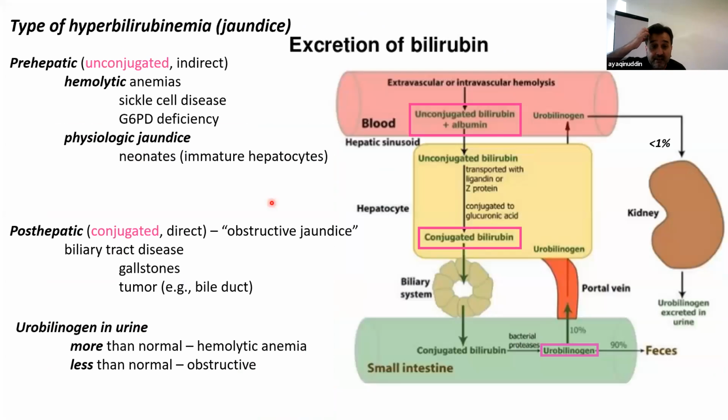So we might divide this into prehepatic, which is mainly because of excessive destruction due to hemolytic anemias, or it cannot be conjugated in the liver because of immature hepatocytes. Or you might have the posthepatic, which is the direct or conjugated bilirubin type, where there is an obstruction to the biliary tree because of gallstones or a tumor.